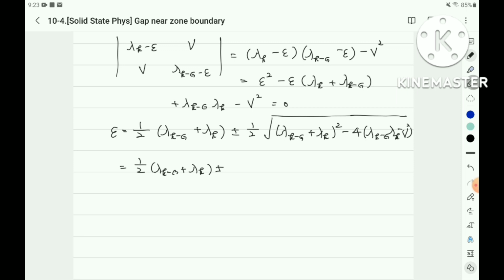Therefore, it is 1/2 square root of ((lambda_{k-g} minus lambda_k) square plus 4V square).